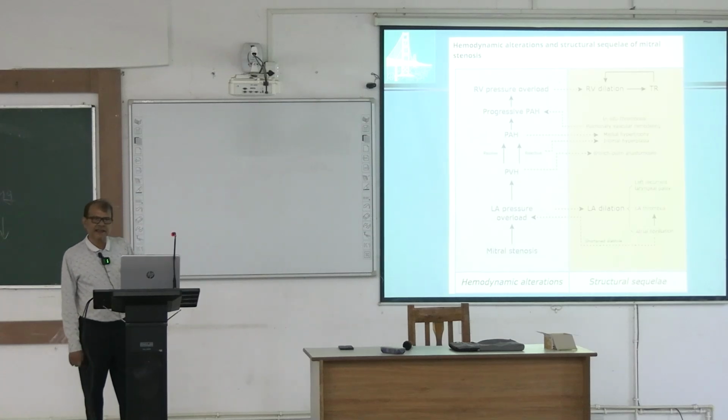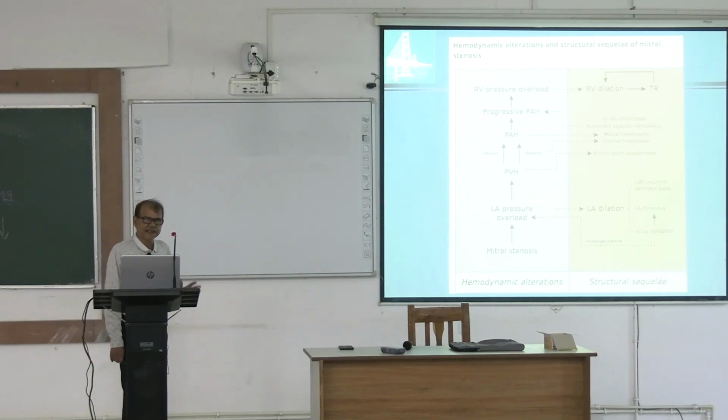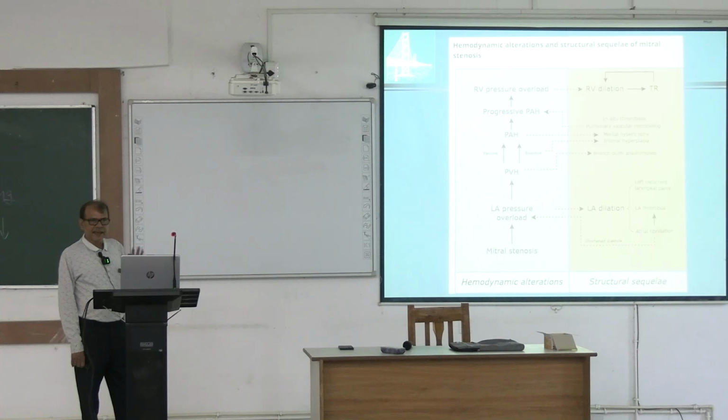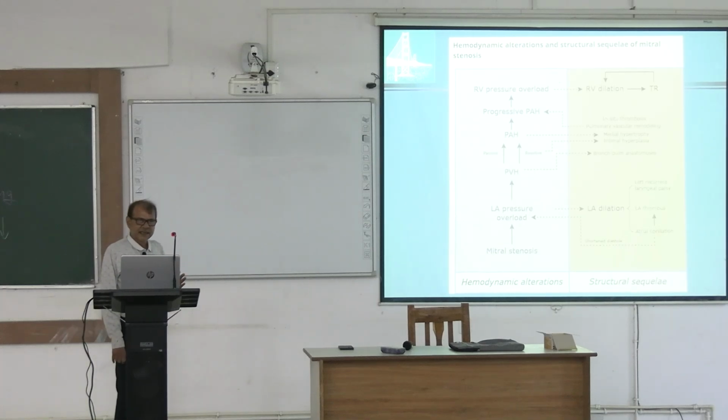Normal pulmonary arterial systolic pressure is less than 30 millimeters of mercury. So the defining feature of hypertension is more than 30 millimeters of mercury. That is the pulmonary arterial pressure. So development of the pulmonary hypertension: first, passive transmission of the pulmonary venous pressure.